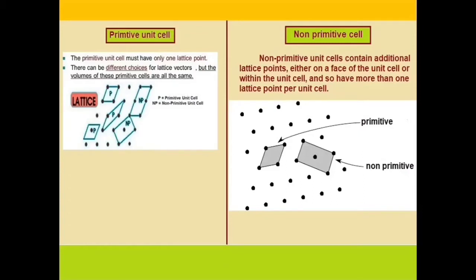While non-primitive unit cells contain additional lattice points, either on a face of the unit cell or within the unit cell, and so have more than one lattice point per unit cell. See in the diagram how primitive and non-primitive cells are distinctively shown.